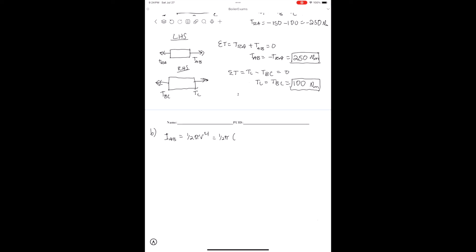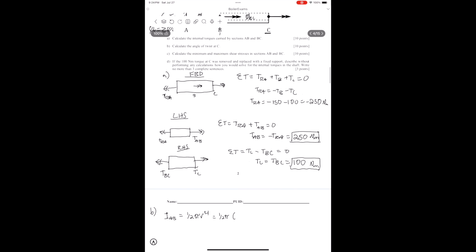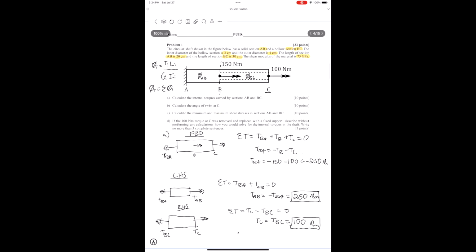Quick reminder that in the problem statement, we were given the diameters of each of the sections, so if you use this particular formula, make sure that you cut that in half. I believe there's another formula that has diameter instead of radius, but I cannot remember it off the top of my head, and I've just always used the radius because I find it easier to remember.